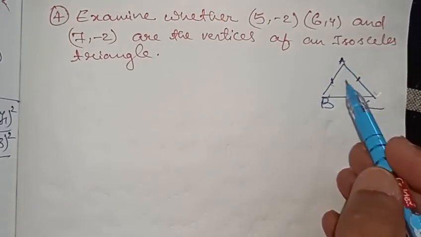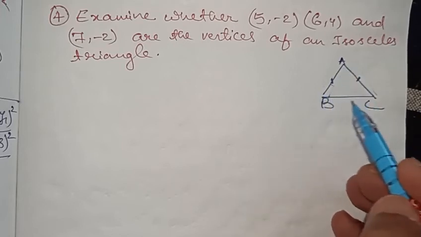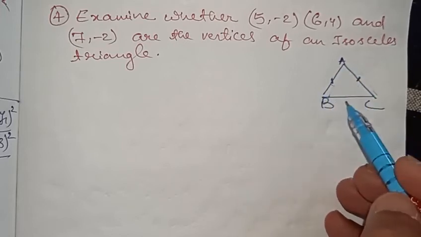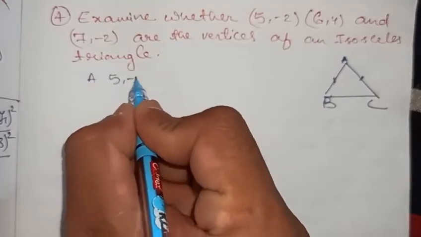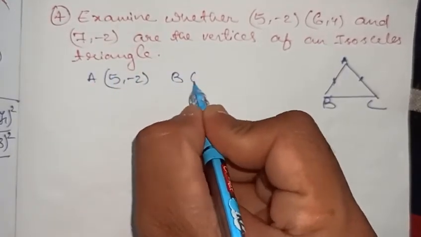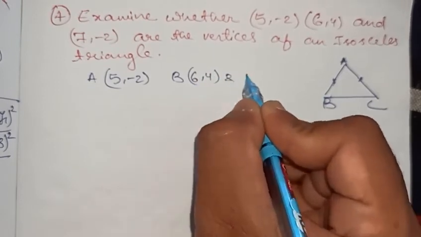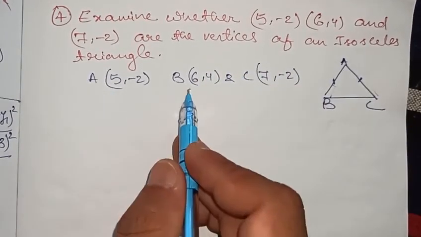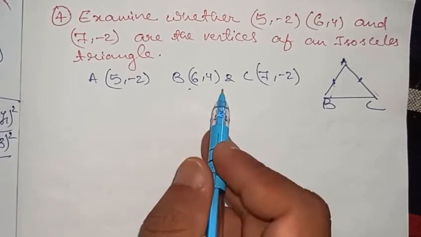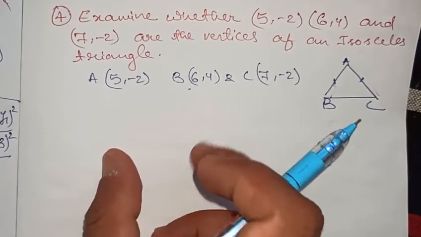Either AB equals AC, or AB equals BC, or AC equals BC. Suppose A is (5, -2), B is (6, 4) and C is (7, -2). We have to find AB, BC and AC, and check which two sides are equal.